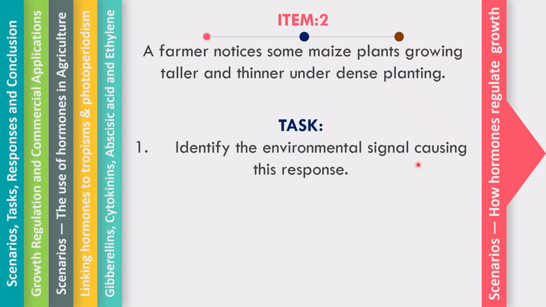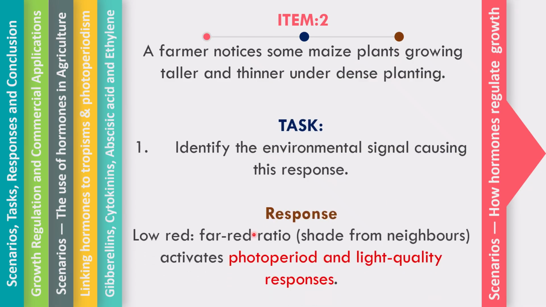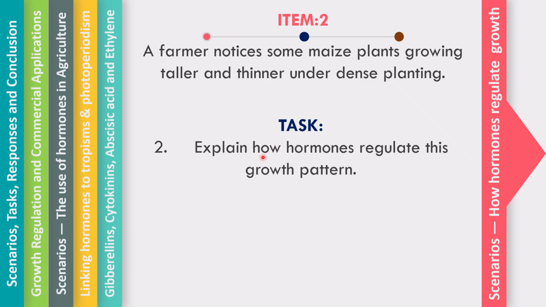Identify the environmental signal causing this response. Low red to far red ratio. Shade from neighbors alters light quality responses. Explain how hormones regulate this growth pattern.